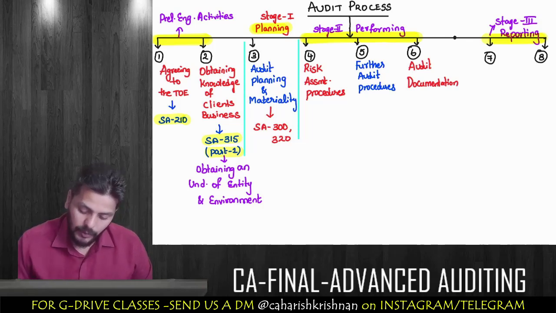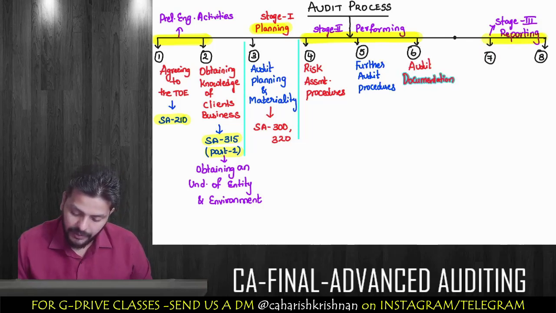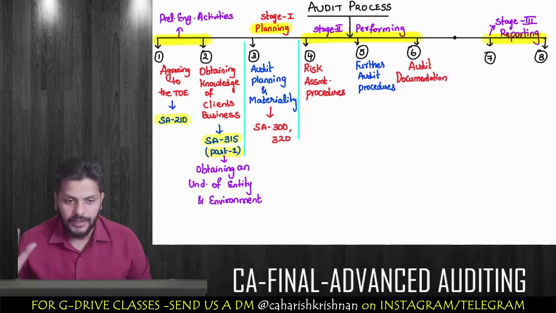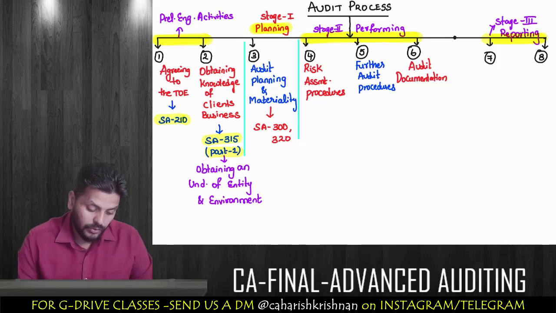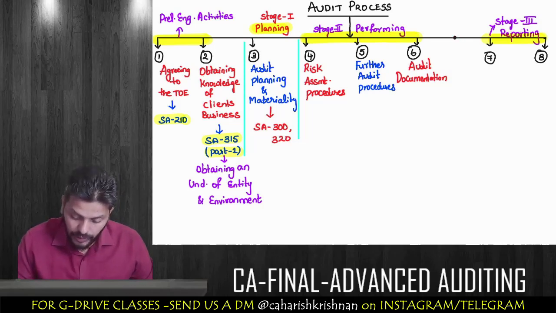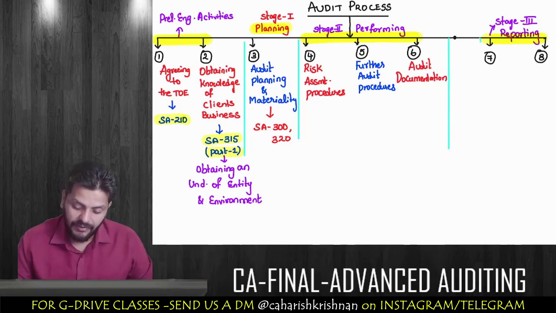Documentation, everybody knows, is one of the most important contexts of audit. No matter what you do, at the end of the day, it has to be documented. Because this very same documentation serves our future needs: if there is any issue later, if somebody blames that you didn't conduct the audit properly, we can defend ourselves.